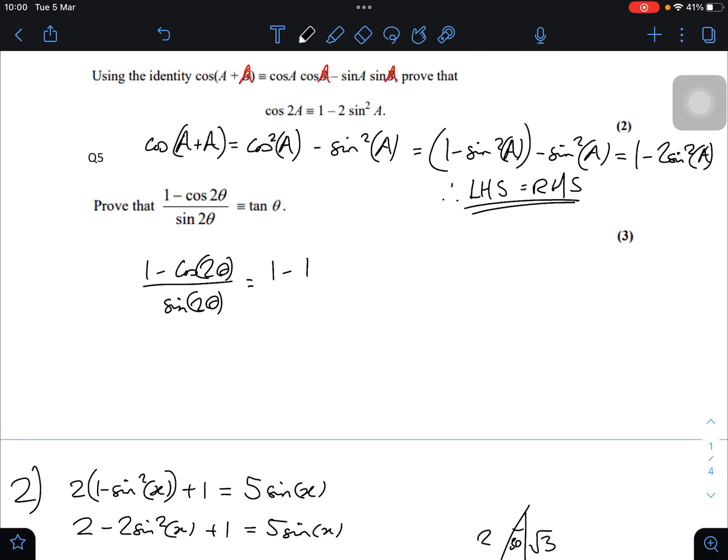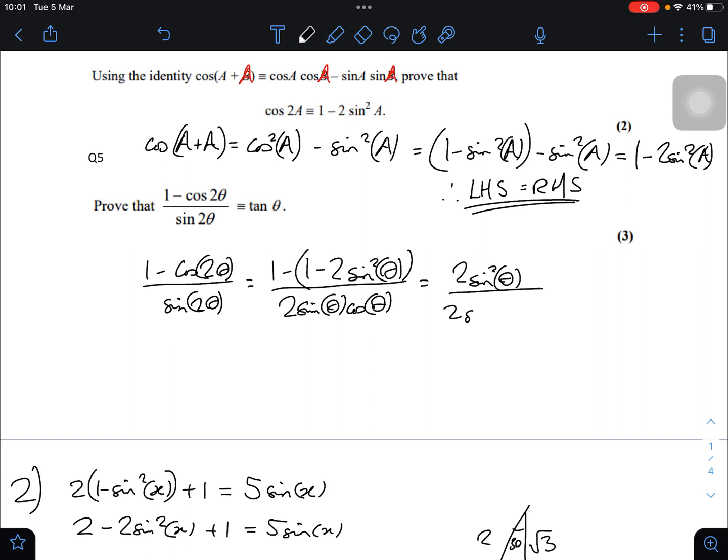So 1 minus, if I just replace my a's by theta, 1 minus 2 sine squared theta, over sine 2 theta. Well, sine 2 theta is 2 sine theta cos theta from your formula booklets. And so therefore I get 2 sine squared theta on the top, over 2 sine theta cos theta on the bottom.